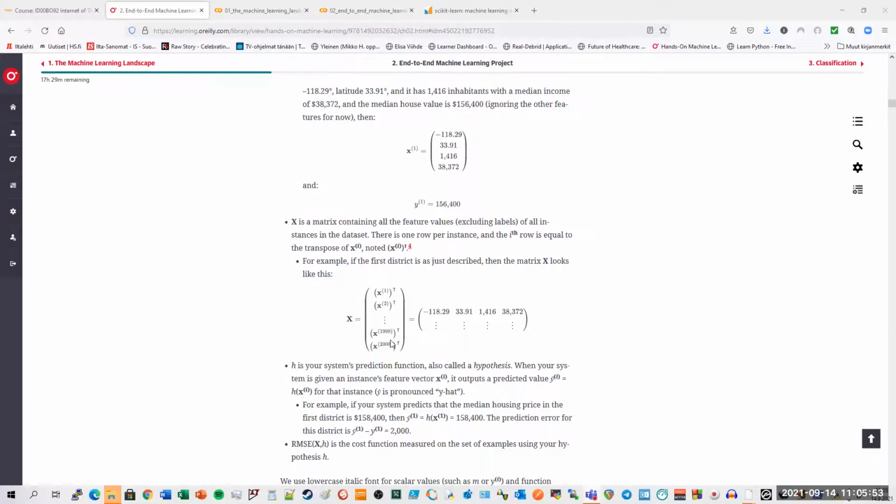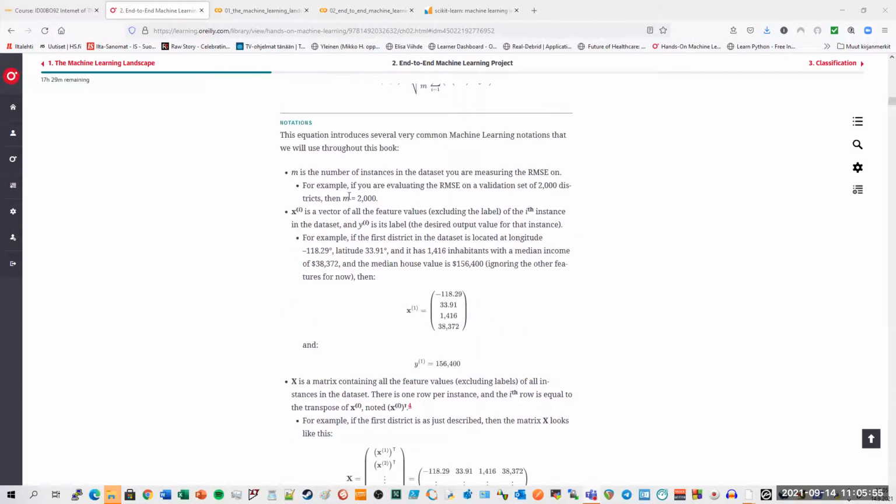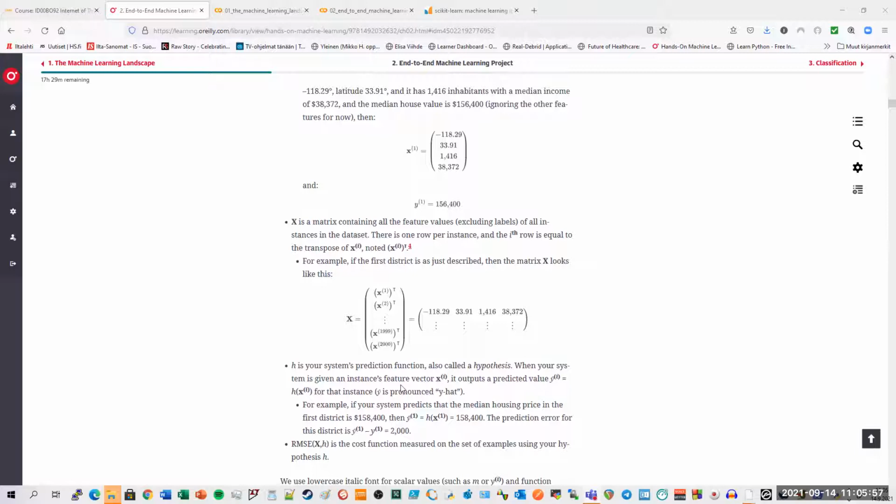In this case you have all the M, 2000 data points. Each row in this matrix contains these four values. This is transposed, so this vector X is converted from a vertical to a horizontal vector.